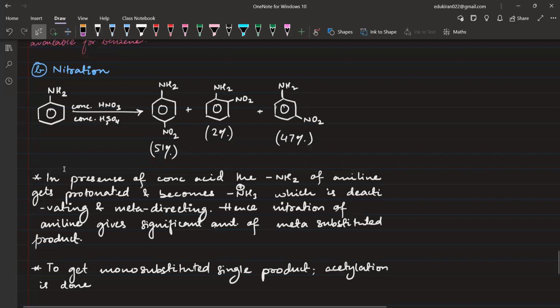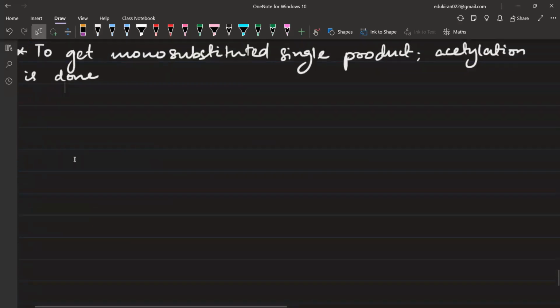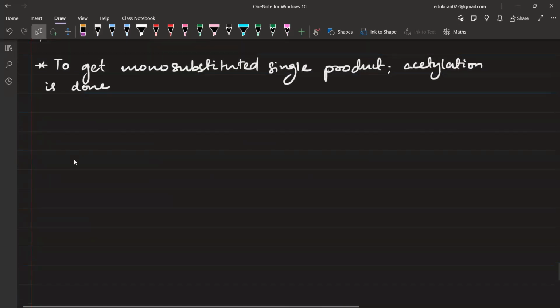Let's see the reaction to get the monosubstituted product.